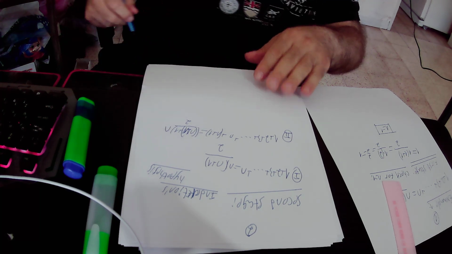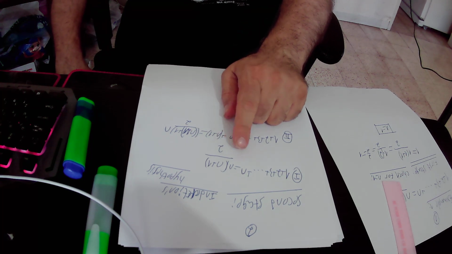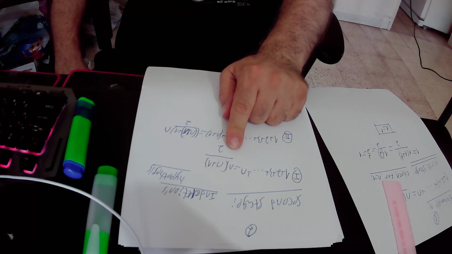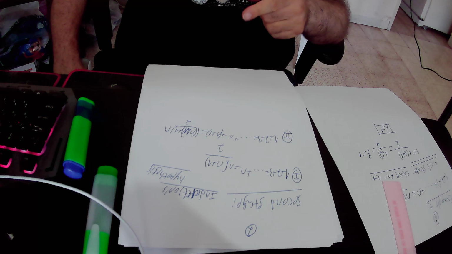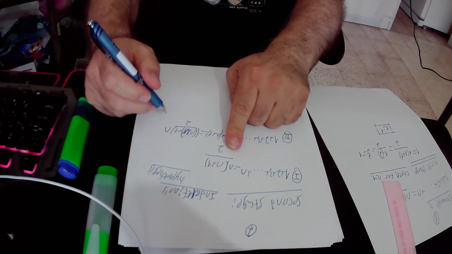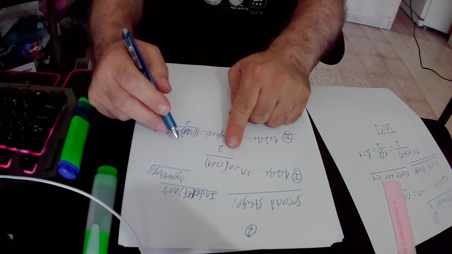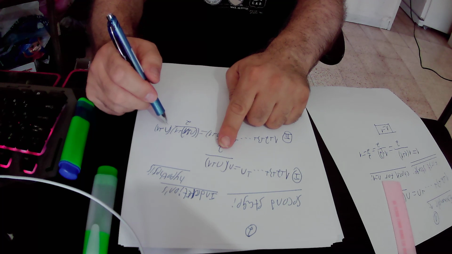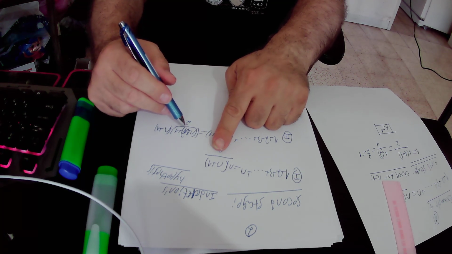Okay, so n times n plus 1 divided by 2. We replace n by n plus 1 because we want the expression for n plus 1. So wherever it is written n, we will write n plus 1. So here is n, we will write n plus 1, and in the brackets we have n, so we write n plus 1.